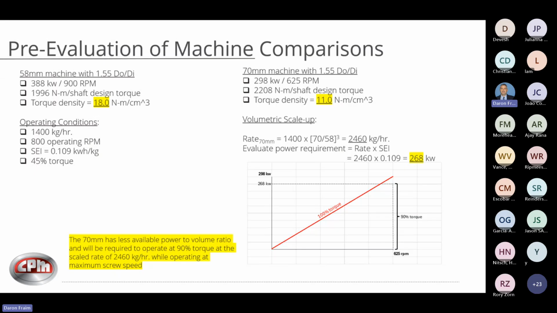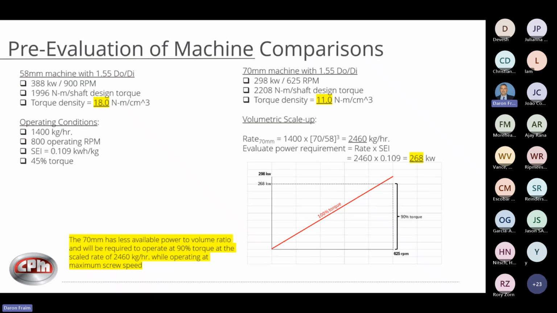So what happens here is it requires that 70 now to operate at the upper RPM level. In fact, if I do a volumetric scale up, you can see here on the 58, I achieved 1,400 kilograms an hour. If I do the scale up, that tells me I should be able to push that 70 volumetrically, 2460. However, I have less power to volume, so I'm going to have to utilize as much of the available power on that machine as possible.